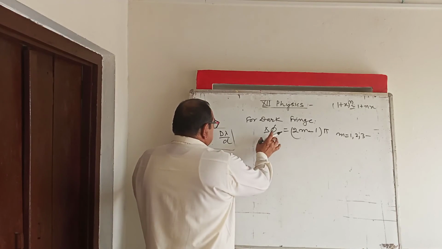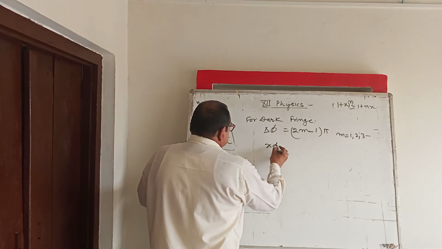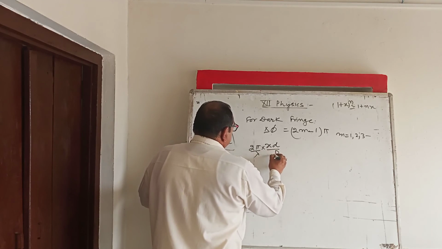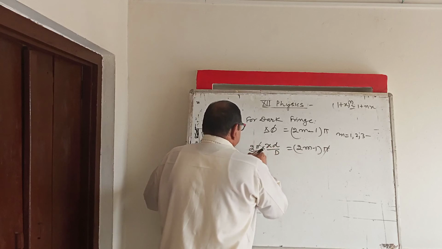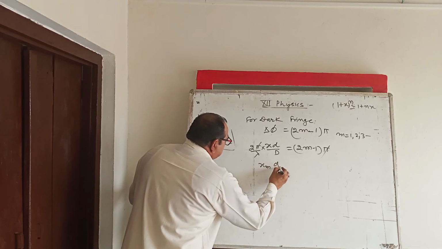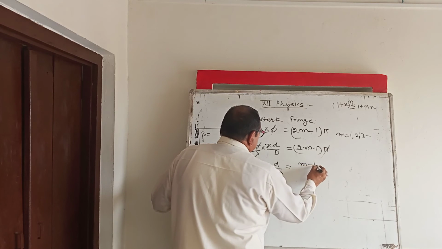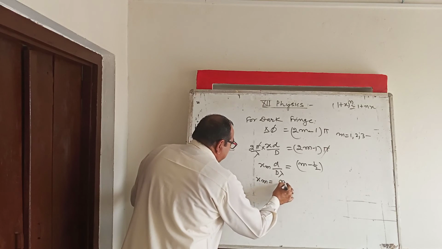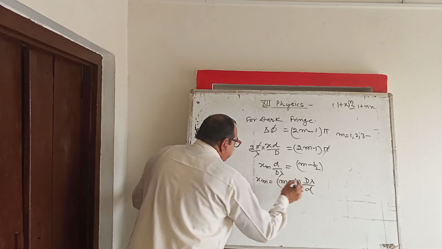Now, I have got the phase difference before, that was 2 pi by lambda into xd by d equal to (2m minus 1) pi. Pi is cancelled by pi, and then xm d upon d lambda equal to, divided by 2, you will get m minus half. Now xm equal to (m minus half) d lambda upon d.